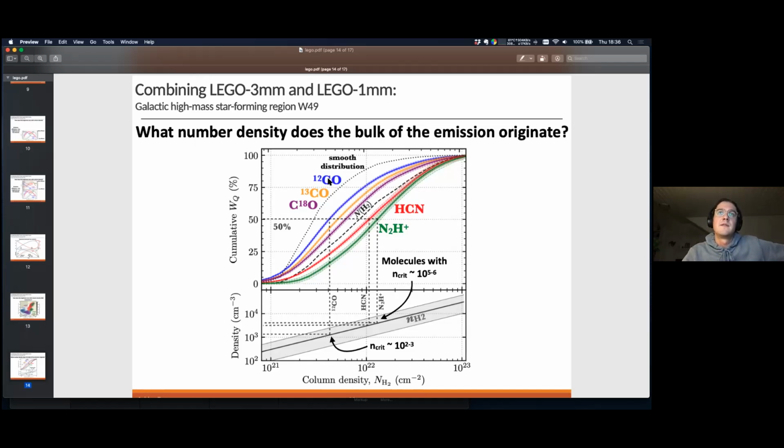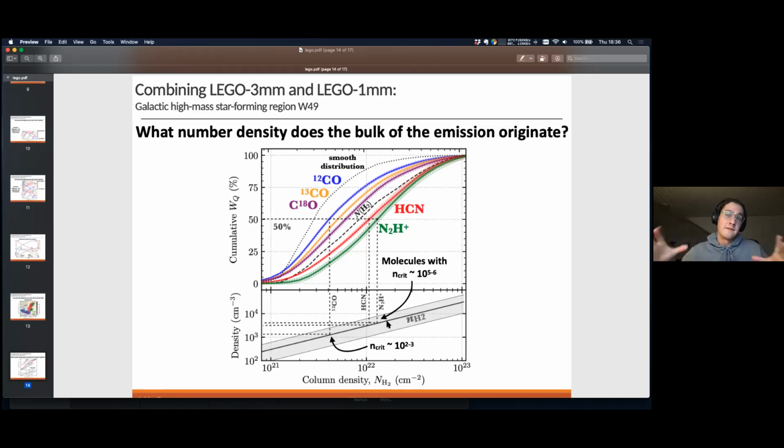Here we have the 12CO in blue, and the lines to focus on, as we showed before, are N2H+ in green and HCN in red. You can see that the bulk, so 50% of the total emission across the source for the CO, is at relatively low column density, and then you're pushing more to the high column densities here. And I should say this is just focusing on the central position around W49.